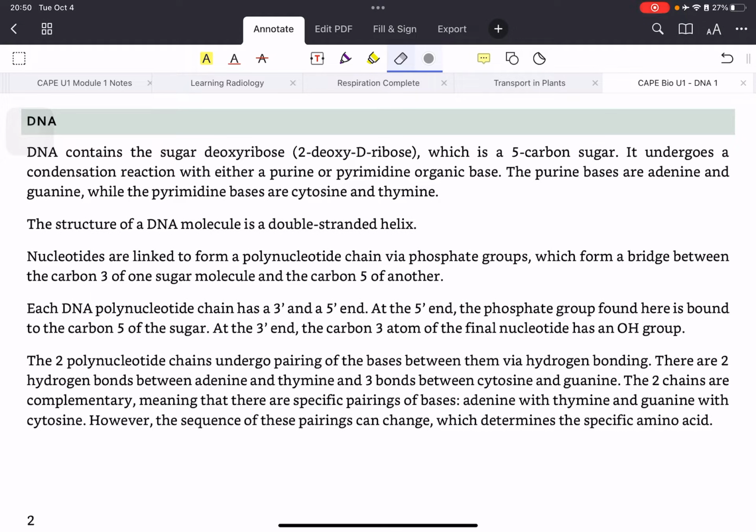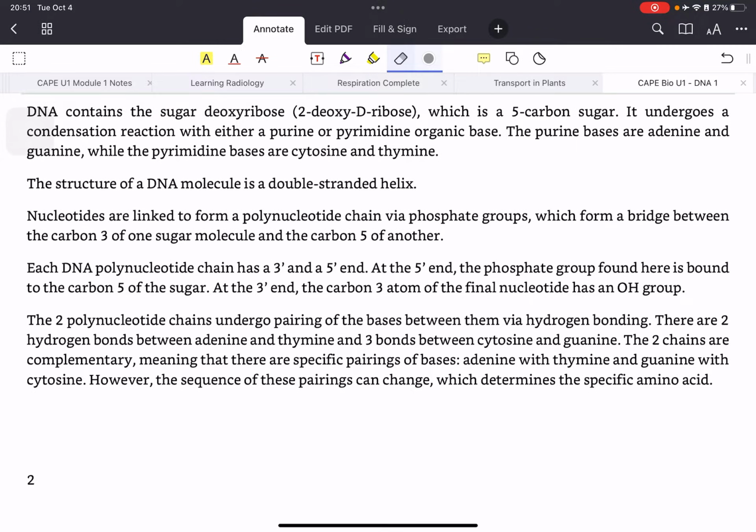So the structure of a DNA molecule is a double-stranded helix. Now we did these in past videos, so you could always go back through those carbohydrate videos to get a look at what a helix looks like, but you'll see it in this video as well. It's very important that we make note of the 3' and the 5' end. At the 5' end, the phosphate group is found here.